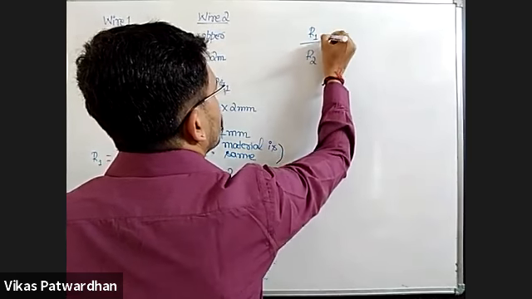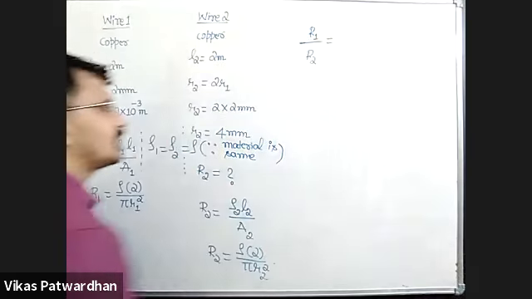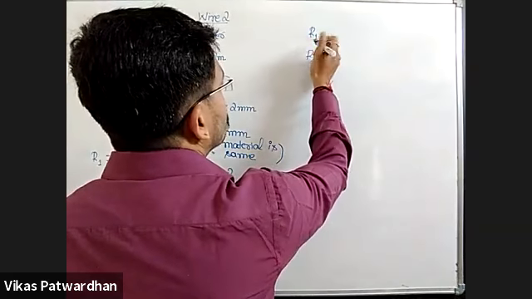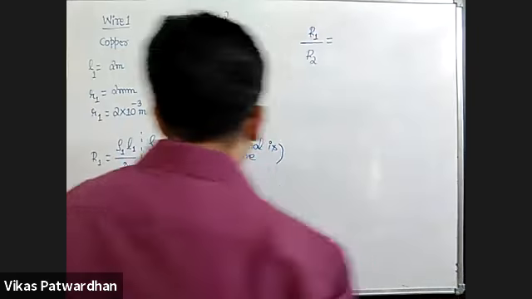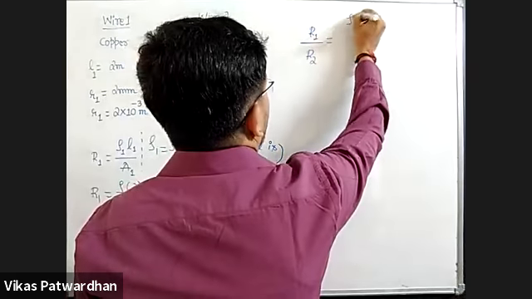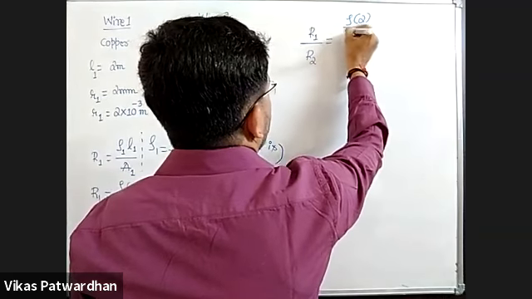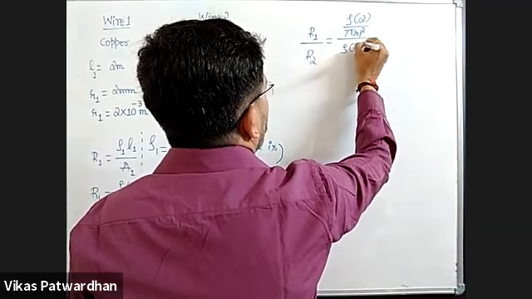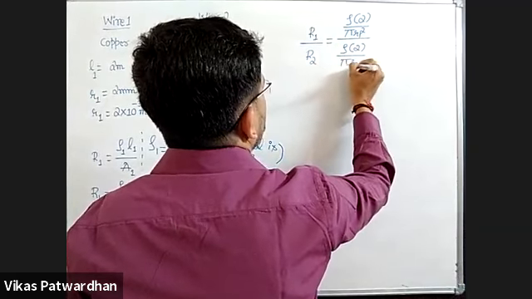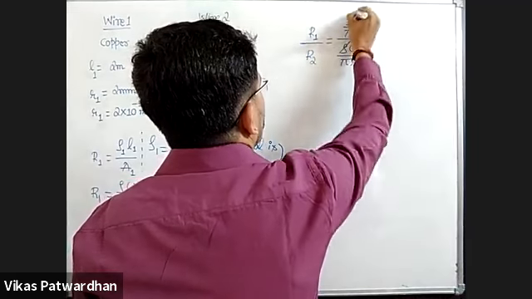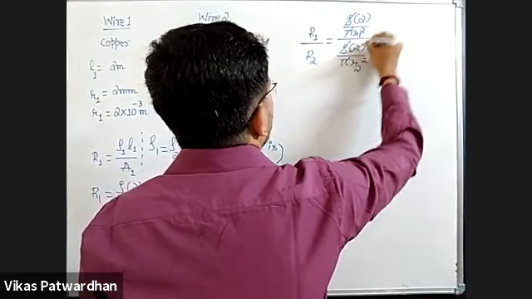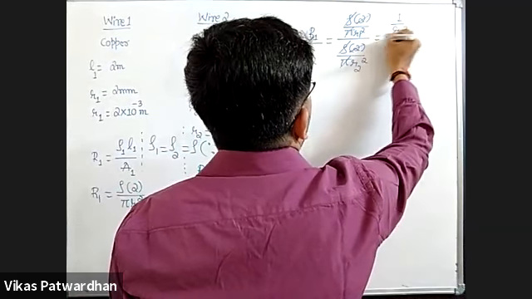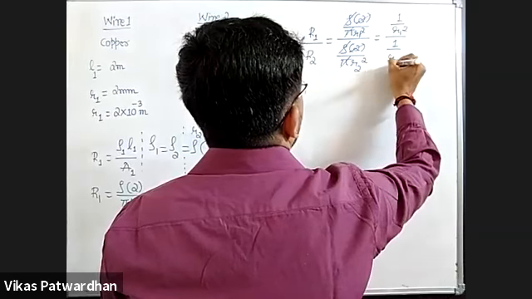I'm not writing resistance directly, but the resistance of the second wire in terms of the first wire. Have a look at the answer: rho 2 divided by pi R1 square, over rho 2 divided by pi R2 square. Rho cancels, pi cancels. What am I left with? 1 by R1 square over 1 by R2 square.